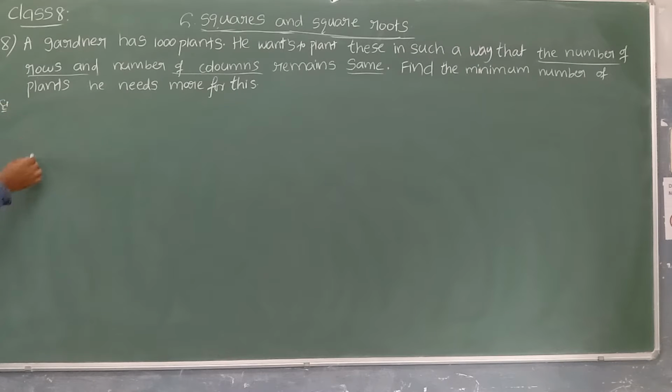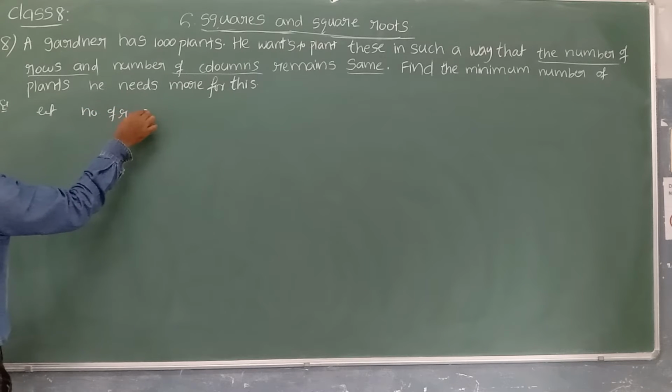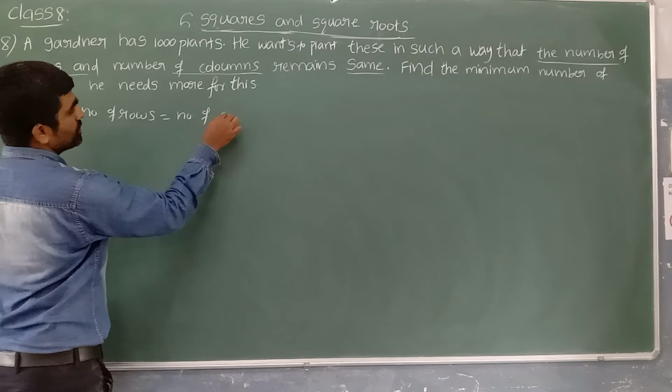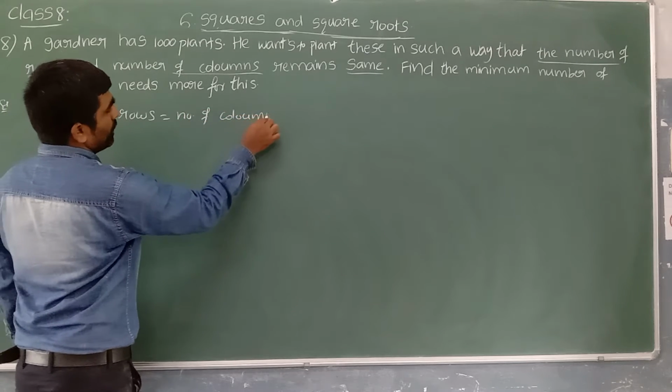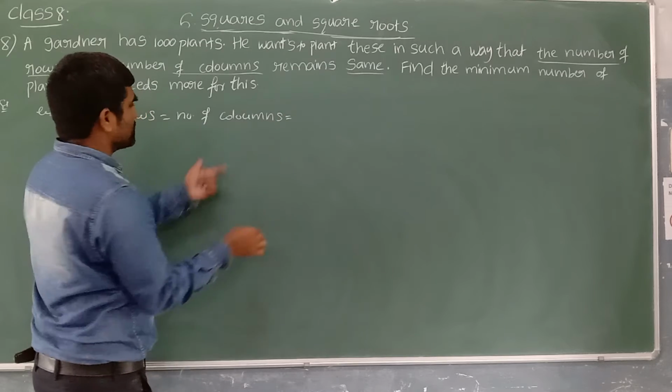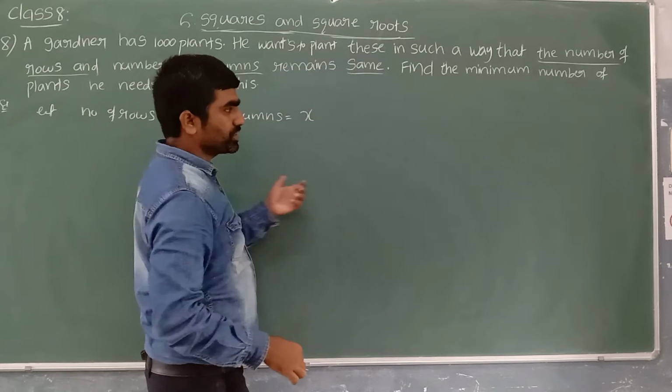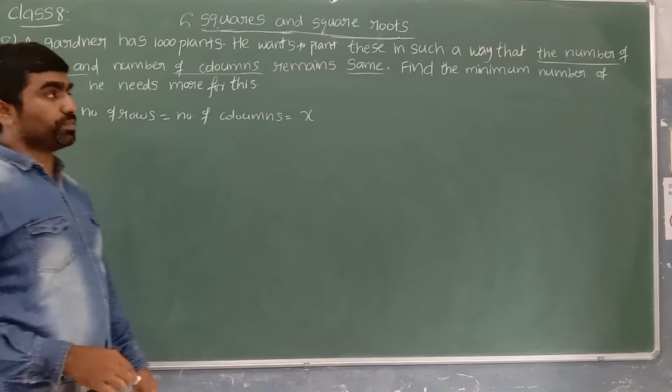Solution. Let the number of rows be equal to the number of columns. Both are the same, I know, but how many each, I don't know. Let it be some x. If there are x rows, then we have x columns.